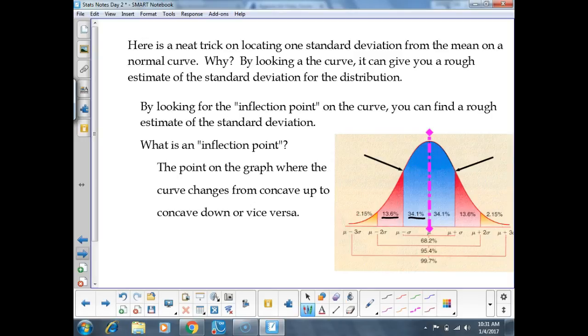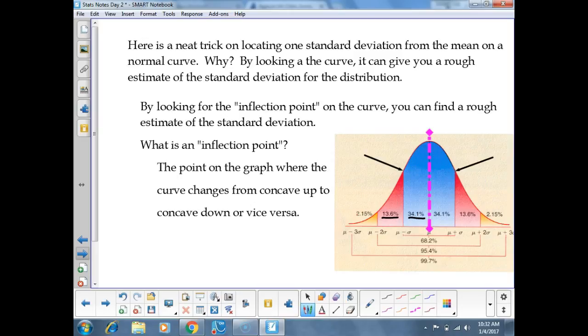Which is where they're coming up with these numbers. Then between the second and the rest of the data, there's 2.5%, or 2.15, excuse me, percent. All told, you've got the empirical rule.